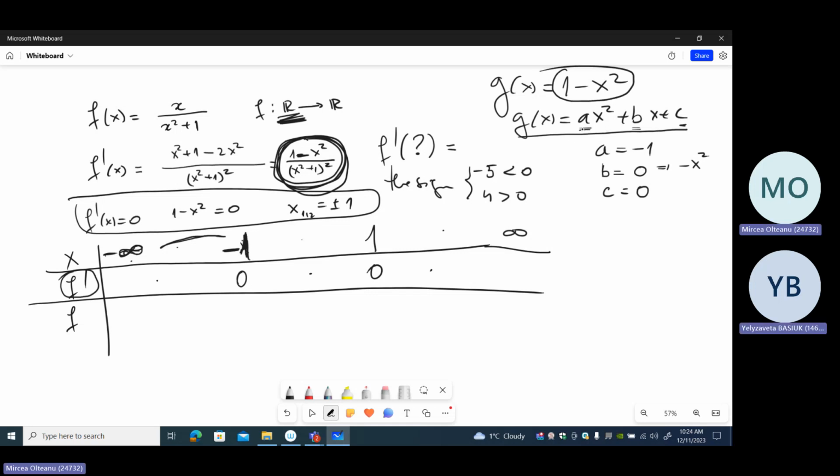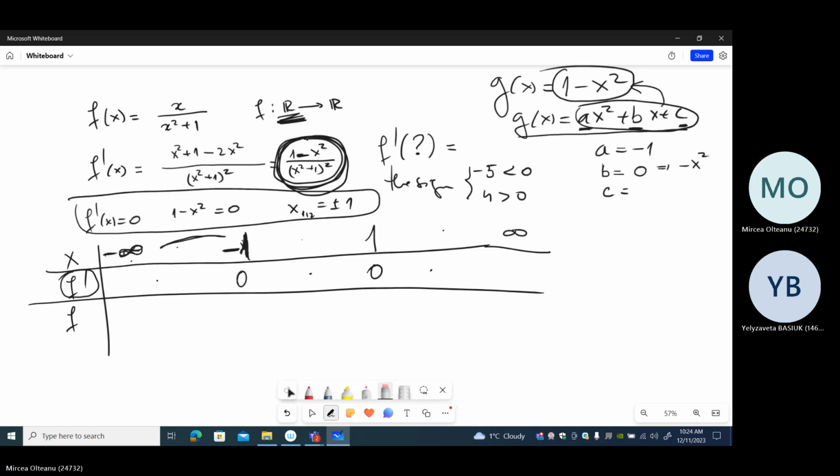Attention. Think about the values of A, B, C. What values would you take for A, B, C if you replace them here to get this? A is -1, B is 0, and C is 1.